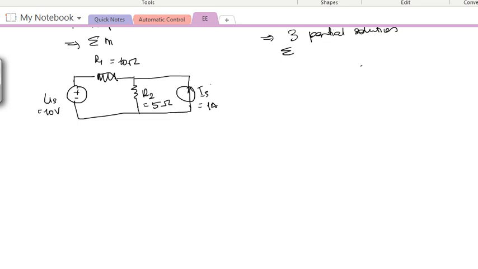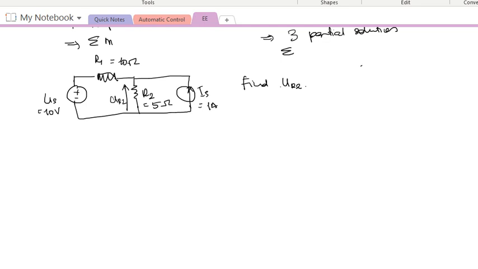So let's say the question asks us to find the voltage that goes across R2. So the question is find U R2, right? By now, you know you can use nodal or mesh analysis to solve a circuit. It's pretty simple. But in this exercise, we're going to try to solve it using superposition.